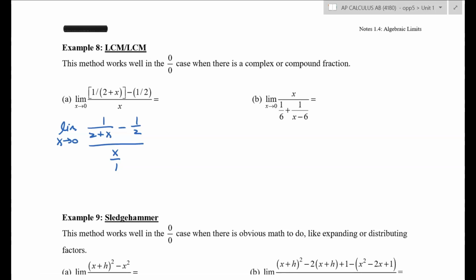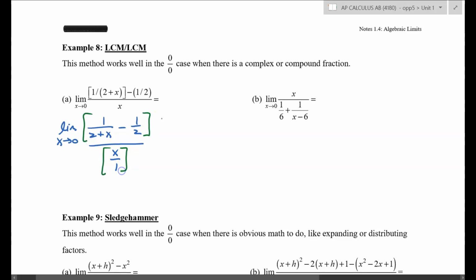What are my different denominators? I have a 2, I have a 1, I have a 2 minus x. The easiest way to get a common denominator is to take those 3 things and do what with them? How are you going to put them together? Multiply. Absolutely.